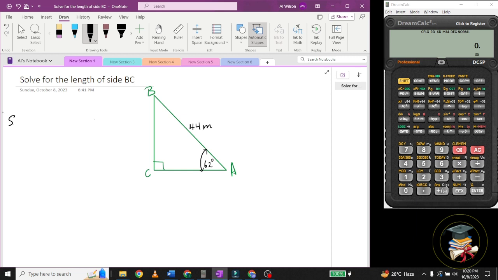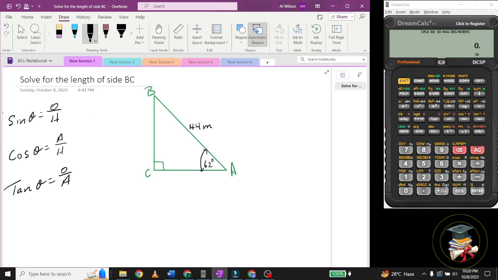So sine theta, which is opposite over hypotenuse, cos theta, which is adjacent over hypotenuse, and tan theta, which is opposite over adjacent.